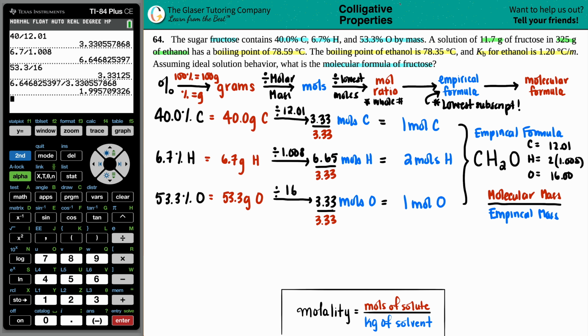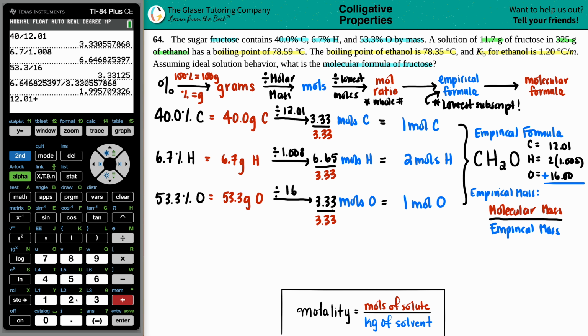So if I just add these, we can find the empirical mass. So let's see, 12.01 plus 2 times 1.008 plus 16. That looks good to me.